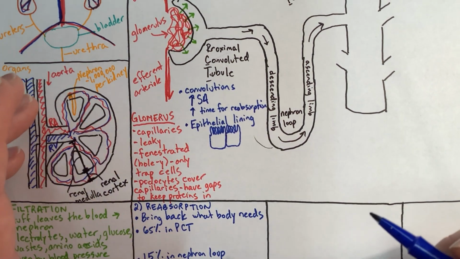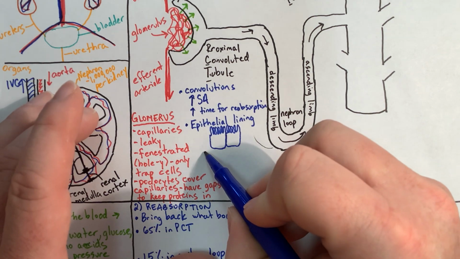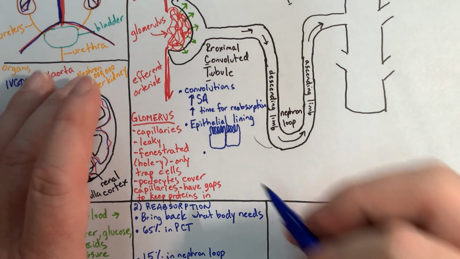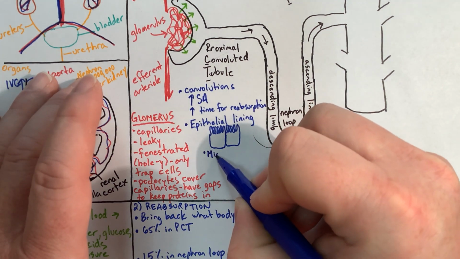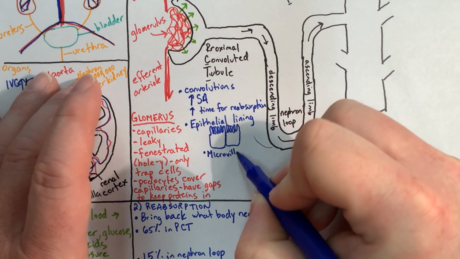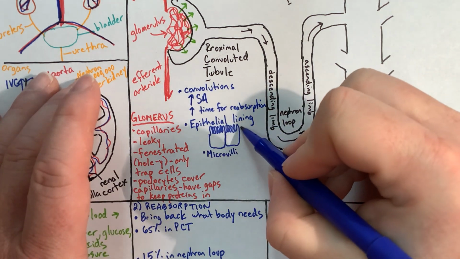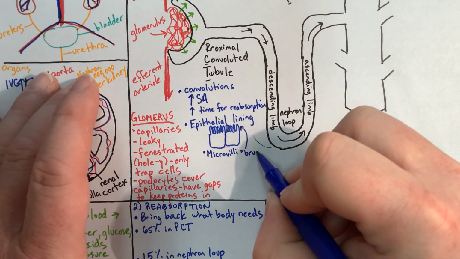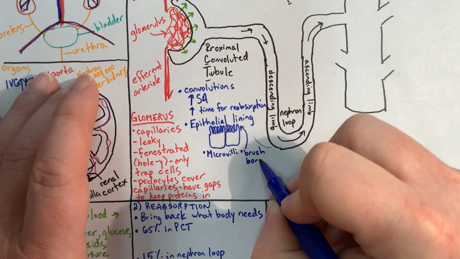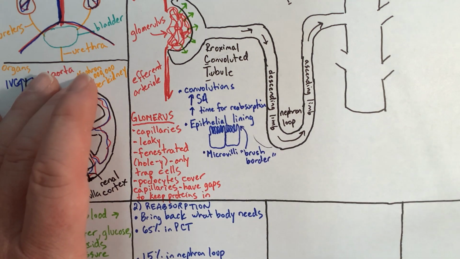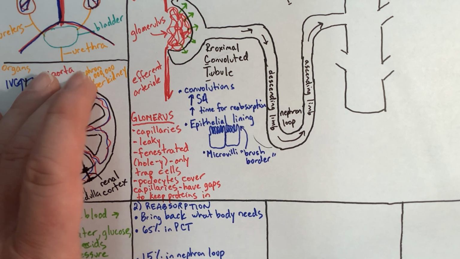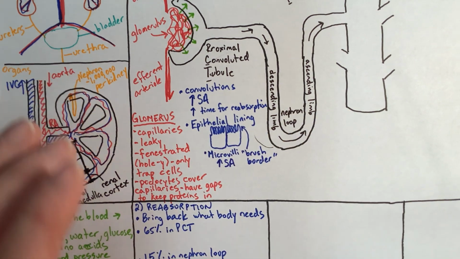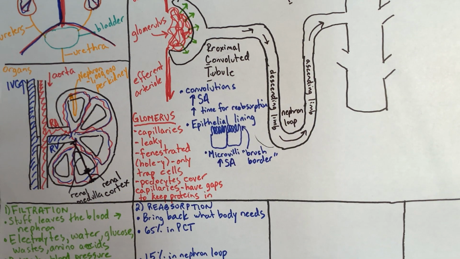And we're doing the same thing here. So that's a cool thing about the body as well, that it uses the same structures to accomplish the same jobs. And so these are called microvilli, or in this case, some folks call this the brush border. And those microvilli, or that brush border, have the function of increasing surface area to increase the efficiency of absorption.